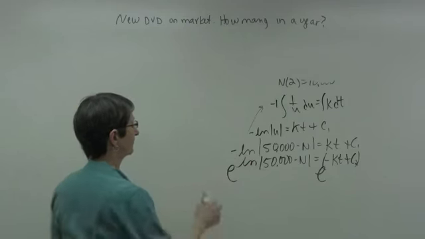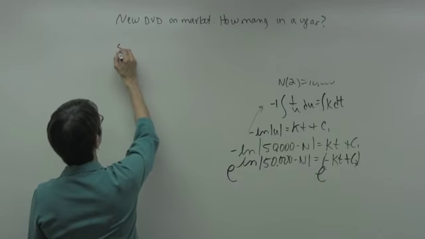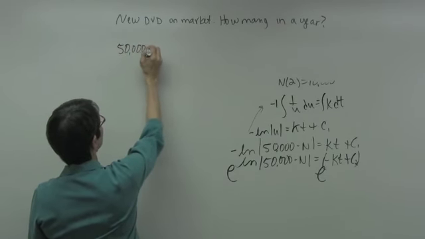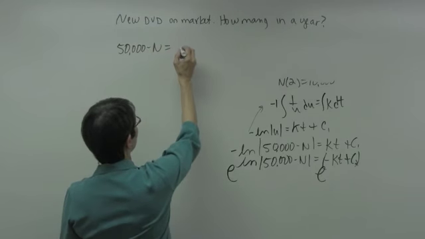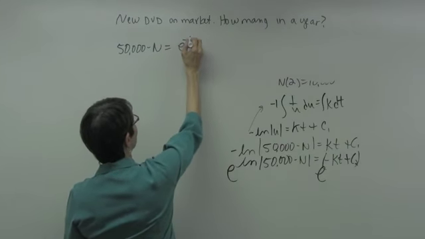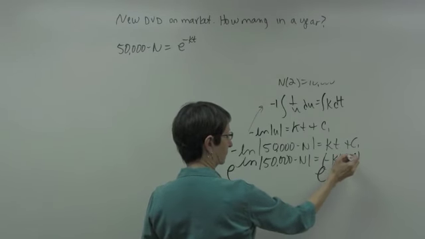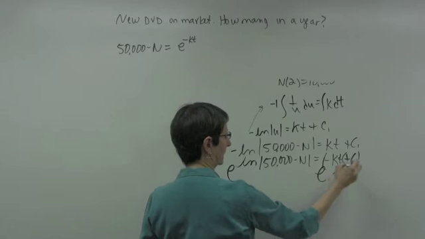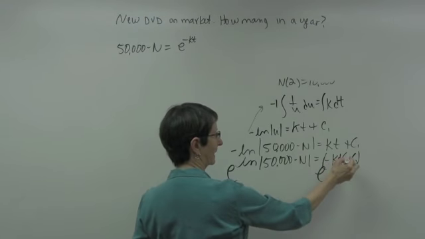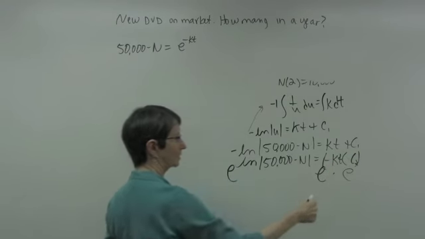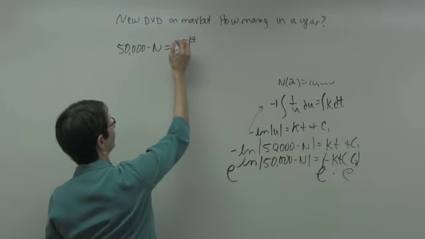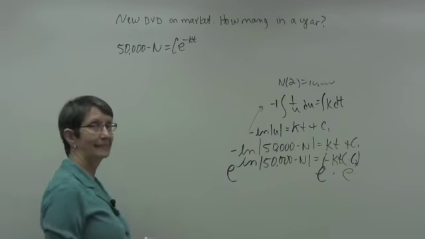And I end up with 50,000 minus N equal to e to the negative kt plus C2, and this can split up to give me a multiplication of e to the negative kt times e to the C2, which gives me c e to the negative kt.